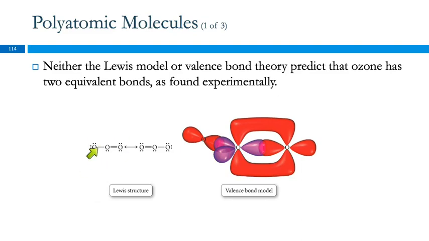And yet when we draw this, we have to choose single bond, double bond, or double bond, single bond. If we look at the valence bond model, it doesn't do any better, which is why we didn't even mention it when we were doing it. Here we can put the double bond here and the single bond over there, or we can do the reverse, but we can't show what's actually happening.